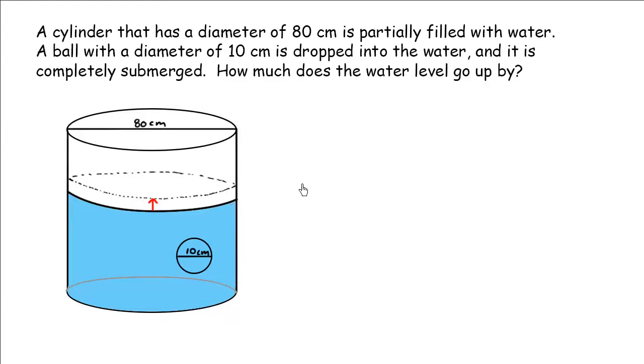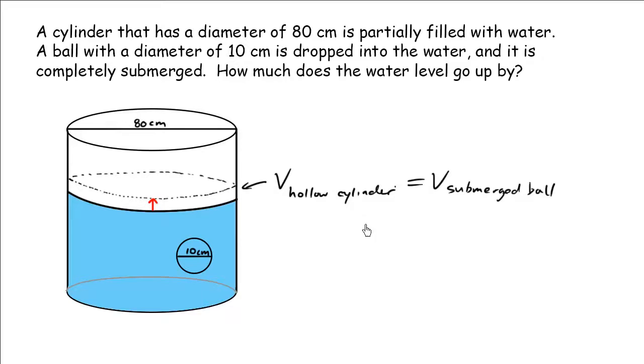So the volume of this hollow cylinder is equal to the volume of the submerged ball. Exactly. So meditate on this line here. Whatever you put into the water is going to make this volume the same.